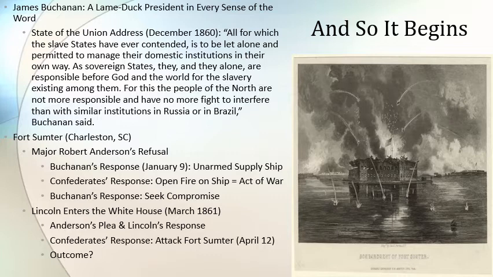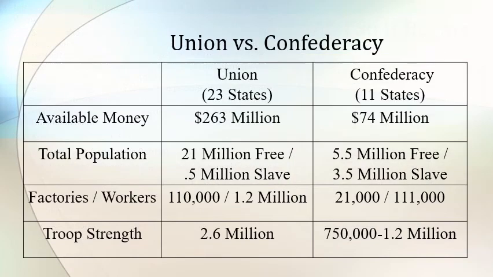Now, as this war is starting to expand and actually pick up steam and turn into a real war, from a purely statistical perspective, the North actually held many advantages, as we'll see on the next slide. These advantages, in fact, were one of the reasons why so many Northerners wanted to take the fight to the South. So let's take a look at this nice, easy to understand chart.